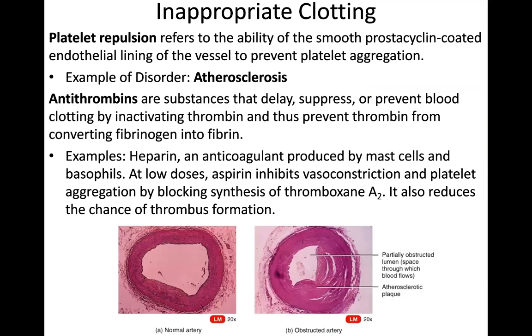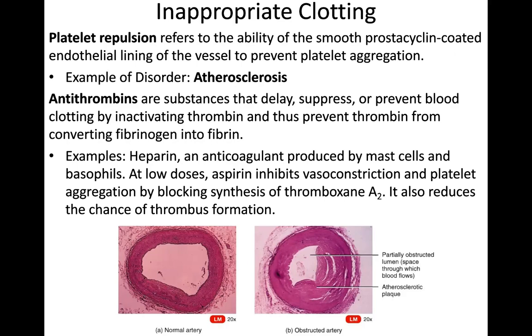Now, unfortunately, there are situations where we might experience an inappropriate blood clot formation. And, I've talked about this already, but typically the prostacyclin-coated endothelial lining of blood vessels is going to prevent aggregation of our platelets. We call this ability to repel those platelets, platelet repulsion.